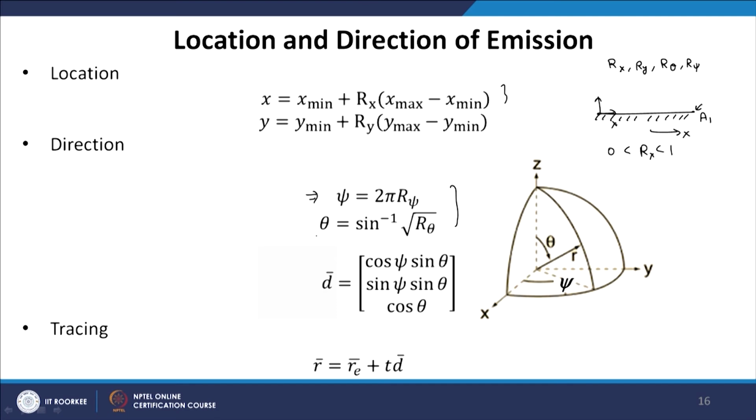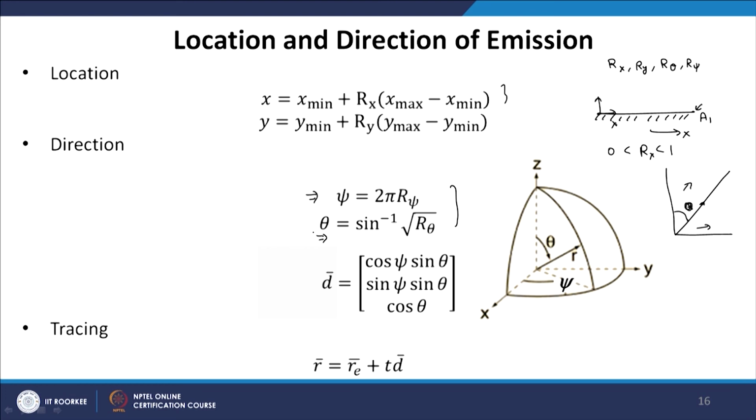Now, the theta angle is a little tricky because of the spherical coordinate system. We basically are measuring theta with respect to the normal. So, this direction has more capacity than this one. More photons should be emitted near the normal than in the direction at a large angle theta, and that is why we basically use a sinusoidal distribution.